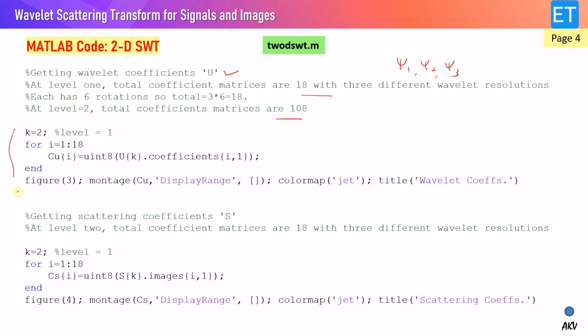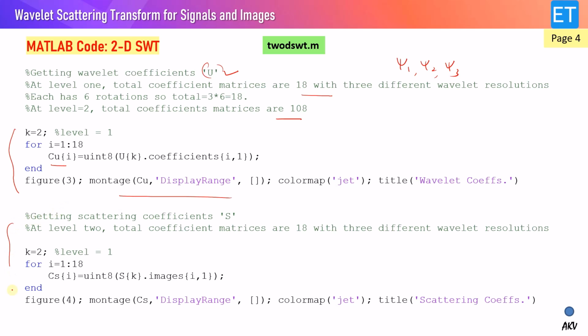With this code, I am extracting the wavelet coefficients from U, all those 18 coefficients, and they are going into this cell array CU. Then I am displaying those here with this command.